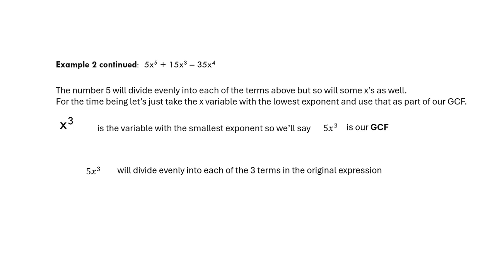For the time being, all I want you to do is just take the smallest x value in our question and add that. So in this case, we're looking at 5x to the 5th, 5x to the 3rd, and negative 5x to the 4th. The smallest exponent that we have here is x to the 3rd. So we're just going to add that to our 5. So 5x to the 3rd will be our greatest common factor.